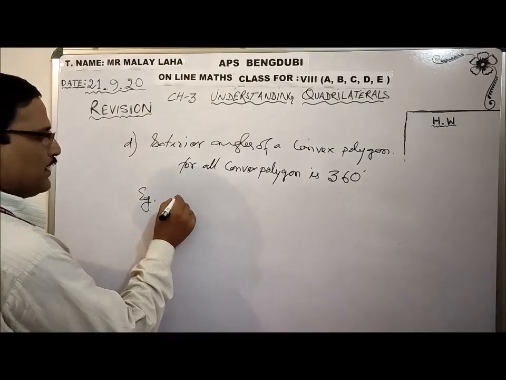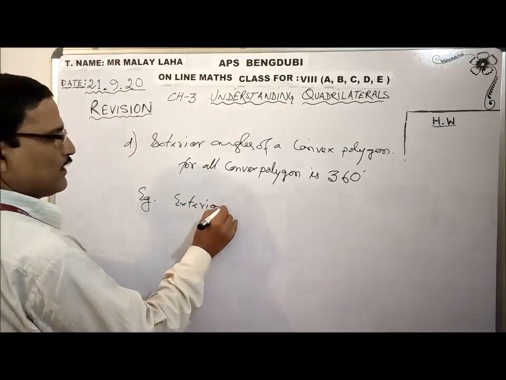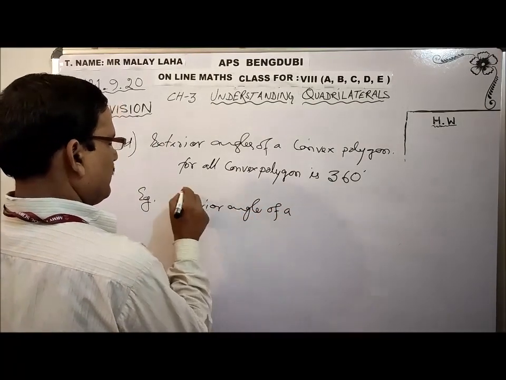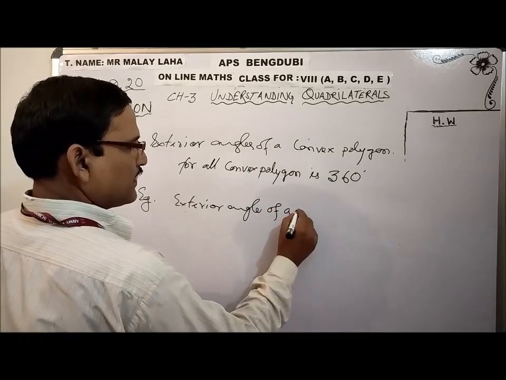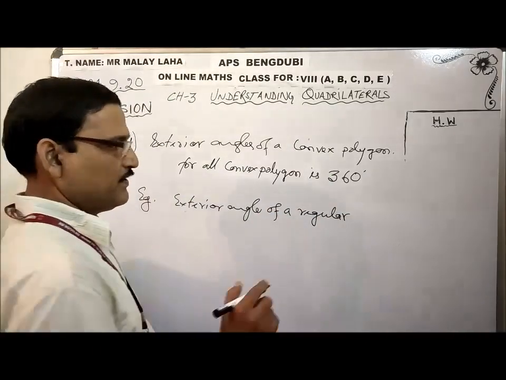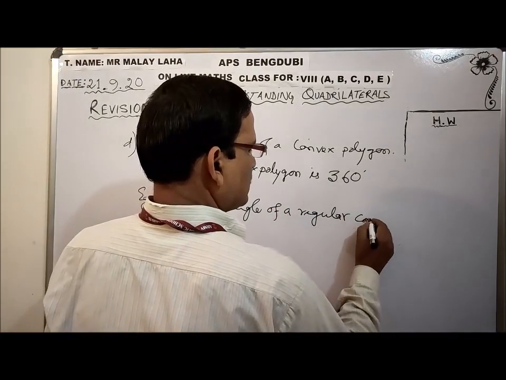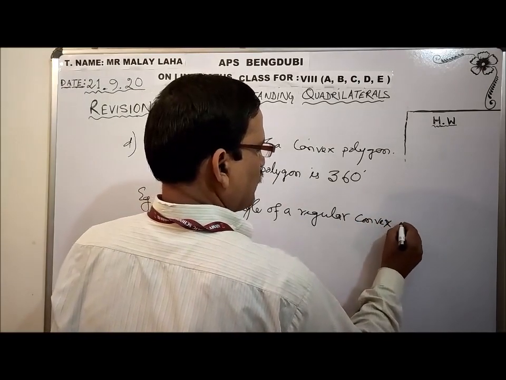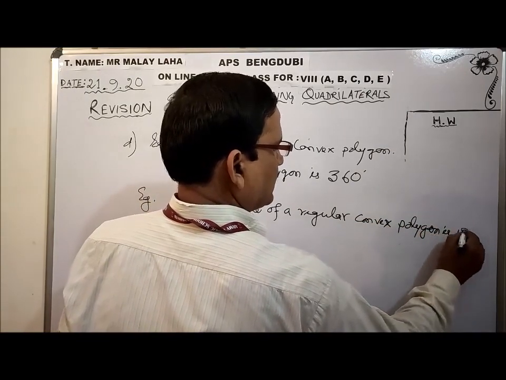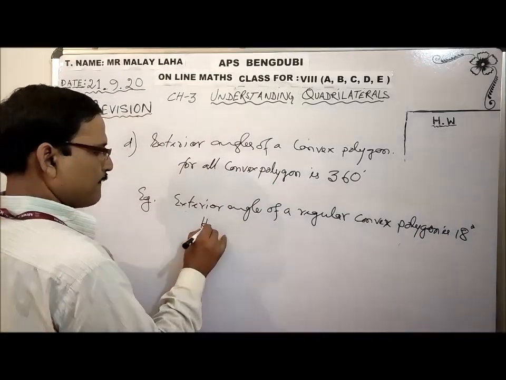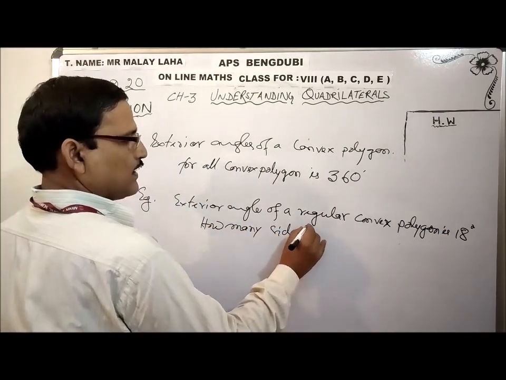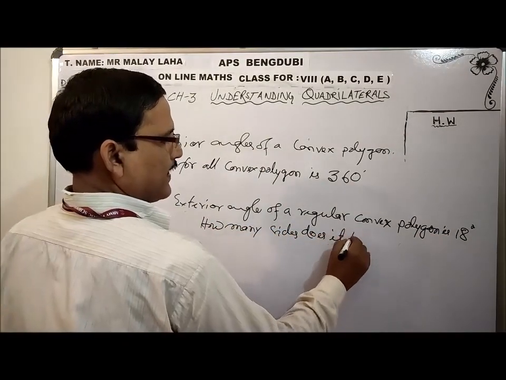Exterior angle of a regular convex polygon is 18 degree. How many sides does it have? Until and unless the word regular is there, I cannot find out the sides. Mind you, regular.